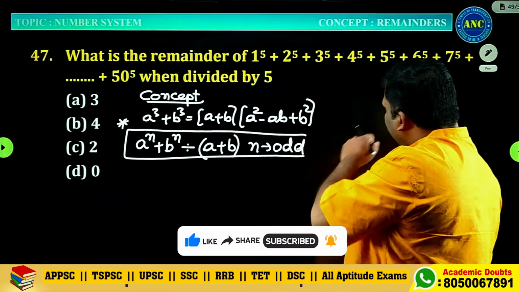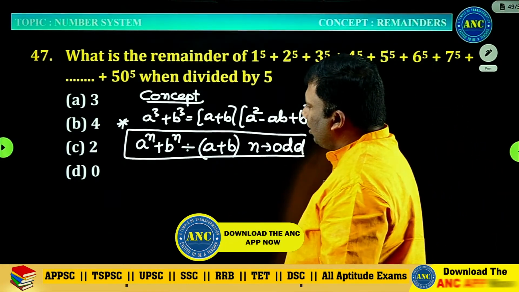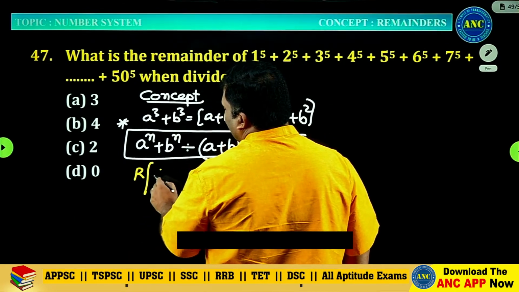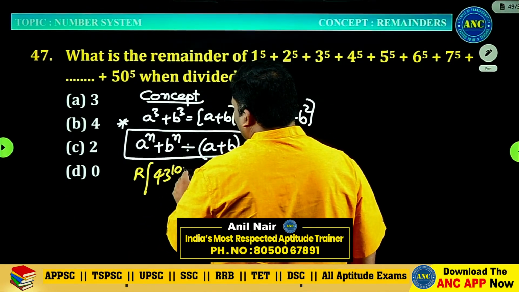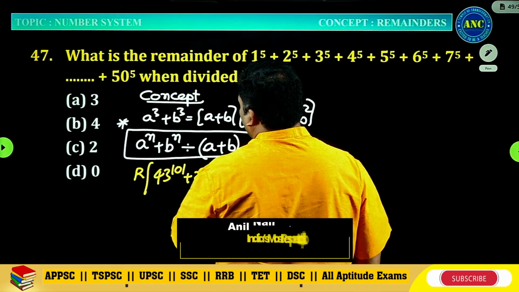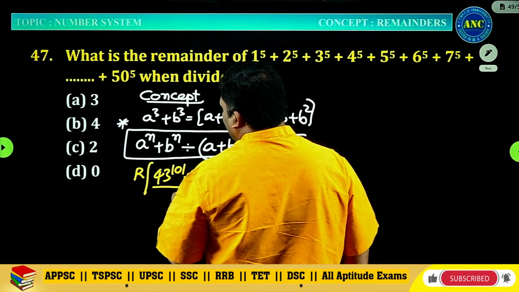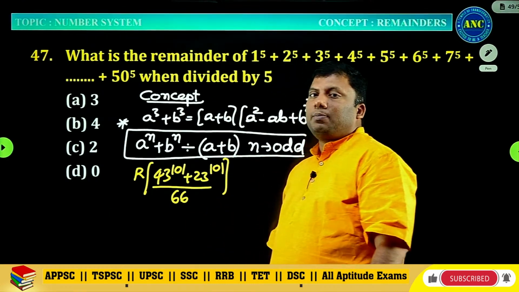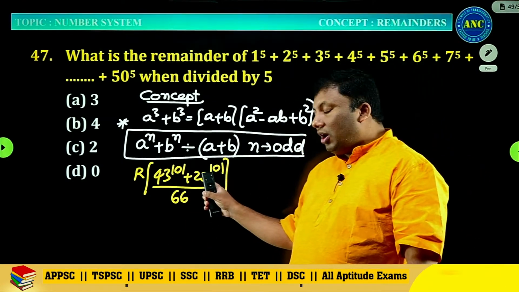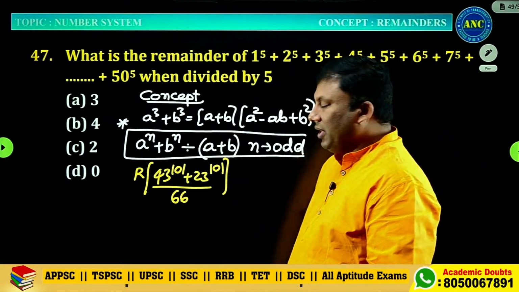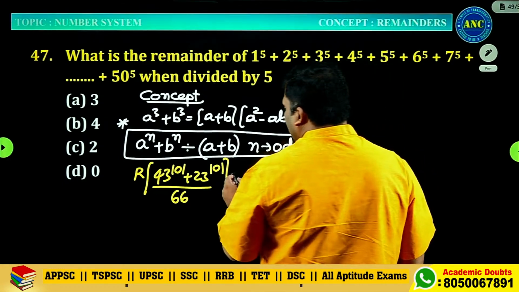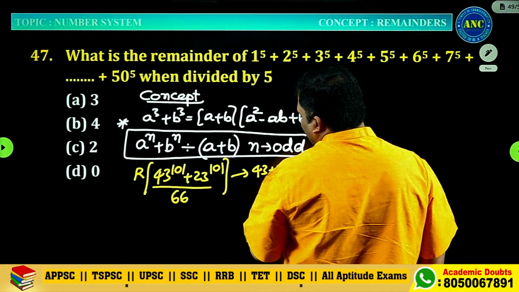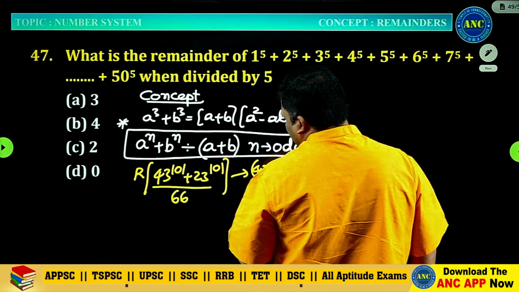Next one. Now, this is the first concept. Example: 43^101 plus 23^101 divided by 66. Tell me the answer. a^n plus b^n is always divisible by a plus b if n is odd. That means the numerator is divisible by 43 plus 23, which is 66.